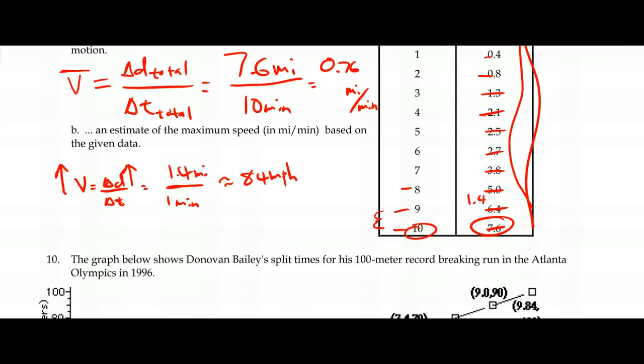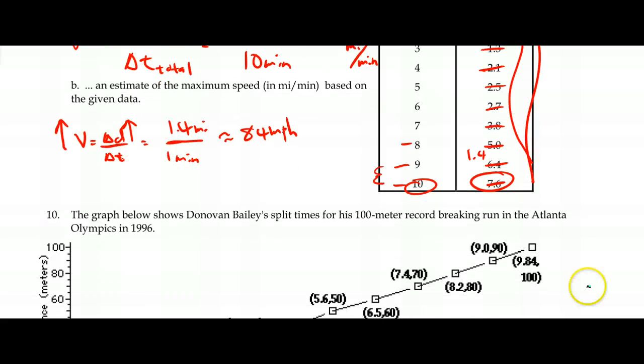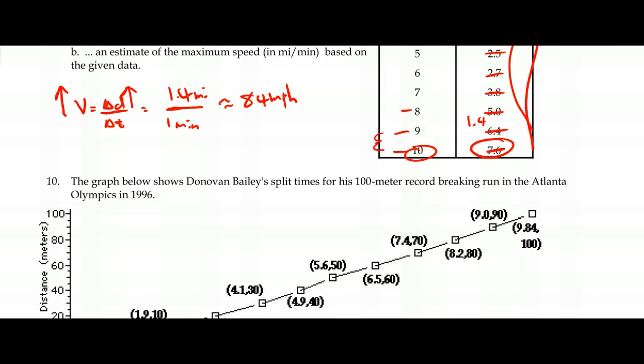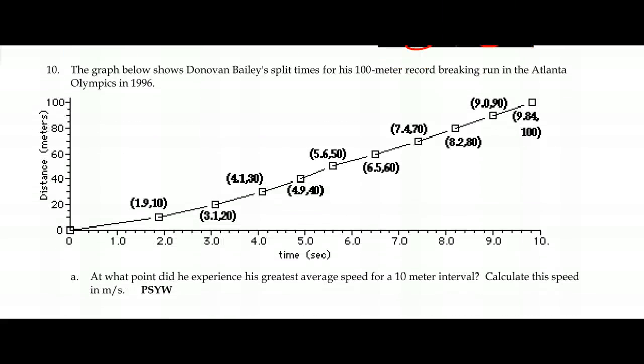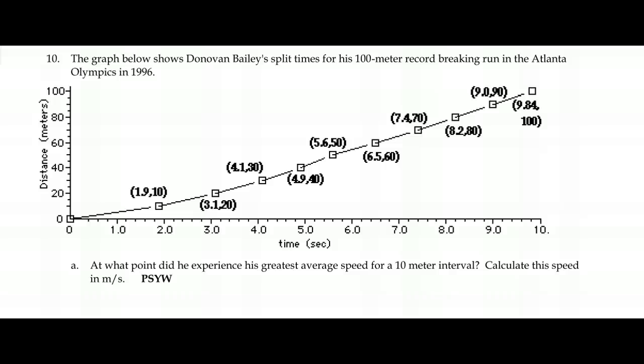Okay, now a table is one way to look at data and try to parse out what is going on. Another good way, and actually an even better way, is to have it in a graphical format. So here we have Donovan Bailey back in the 1996 Atlanta Olympics.